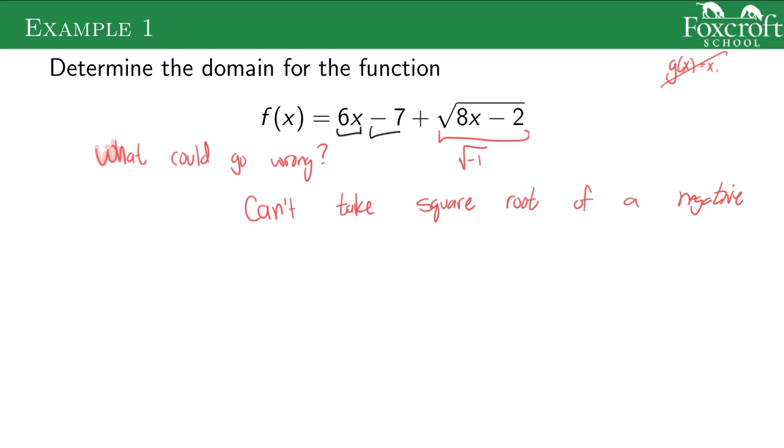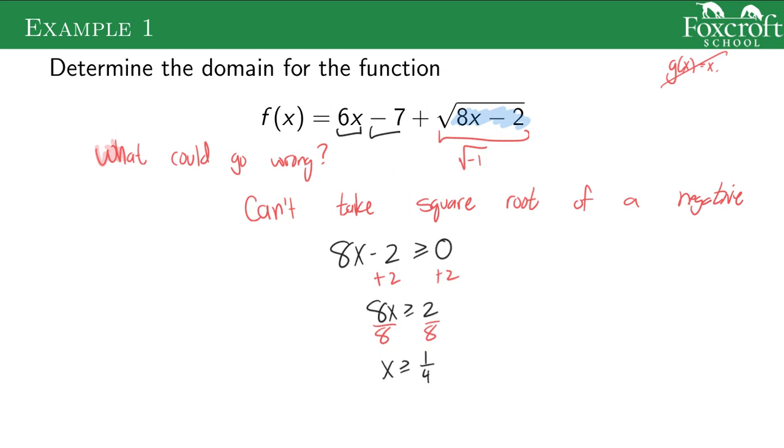So what we need is whatever is inside the square root. In this case, it's 8x minus 2. And whatever is inside the square root, we know it cannot be negative, so it has to be bigger than or equal to 0. This is always what you're going to do when you're finding the domain of a square root function. Whatever is in the square root is bigger than or equal to 0. I have to add 2 to both sides and divide both sides by 8, giving x bigger than or equal to 1/4.